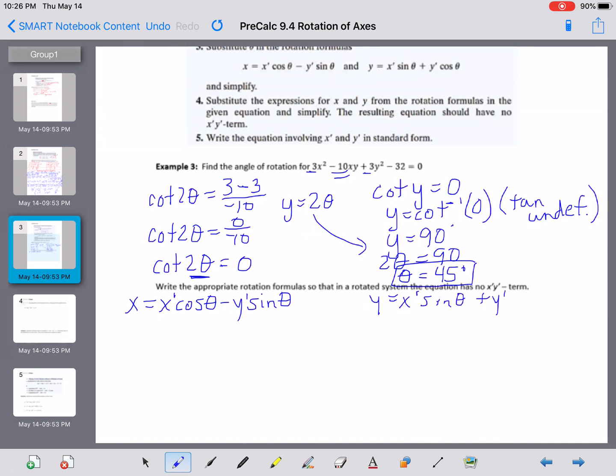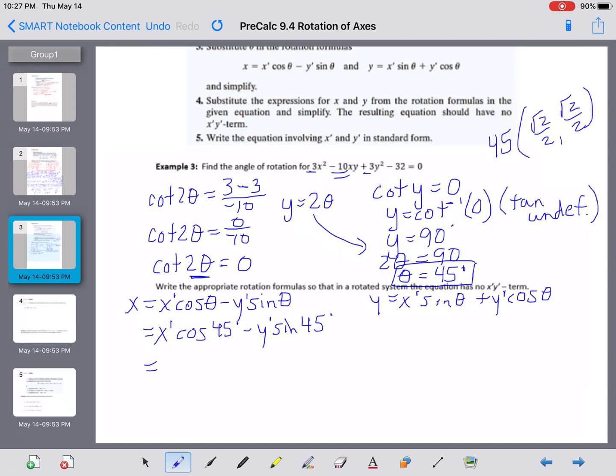All right, so we're doing x prime cosine of 45 degrees minus y prime sine of 45 degrees. And taking kind of a step back, don't forget 45 degrees is that ordered pair, radical 2 over 2. Cosine and our sine are actually the same thing. So I'm going to have x prime times radical 2 over 2 minus y prime times radical 2 over 2. Now, a couple ways we can do this.